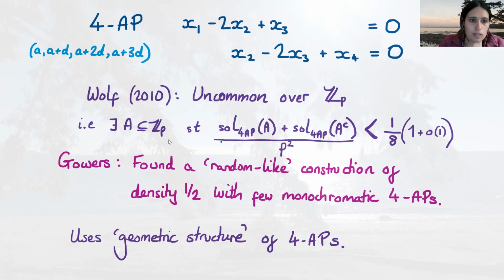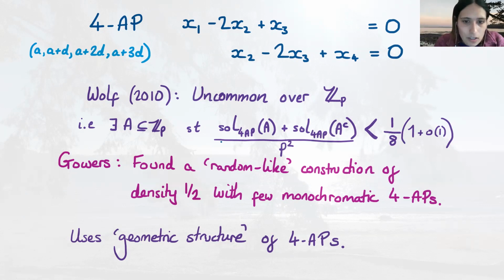I guess because the construction of Julia Wolf was very, very structured, it was an interesting question to ask whether there exists a random-like counterexample. Both of these constructions very much use the geometric structure of 4-term arithmetic progressions. The 4-term arithmetic progression is a really nice set: you've got these 4 points and they're equally spaced.